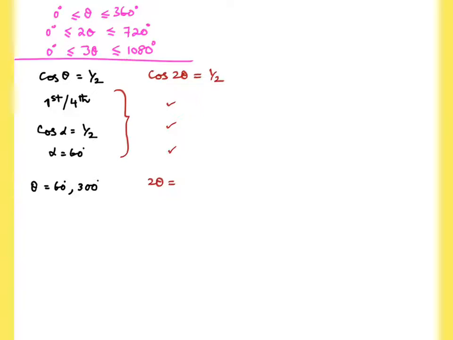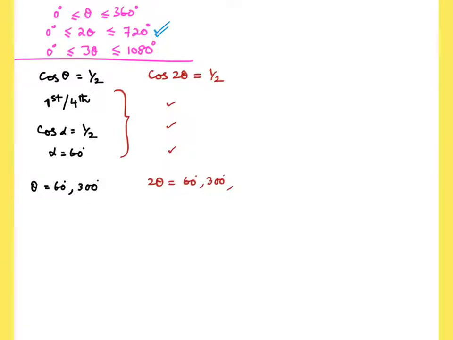Now keep this in mind. So now this thing is changed. That means I'm talking about 2 revolutions. So therefore, 2 theta is equals to 60 and 300. That's for the first revolution. The first quadrant angle can again be reached if I go one more revolution. One more revolution means 360.